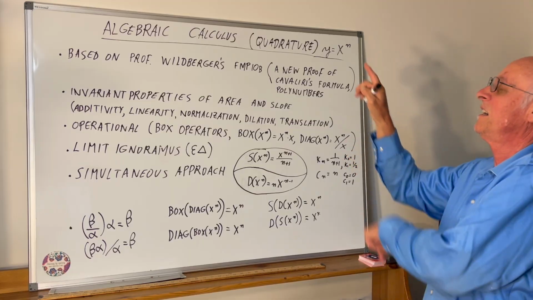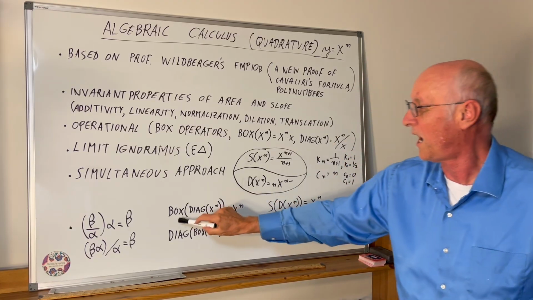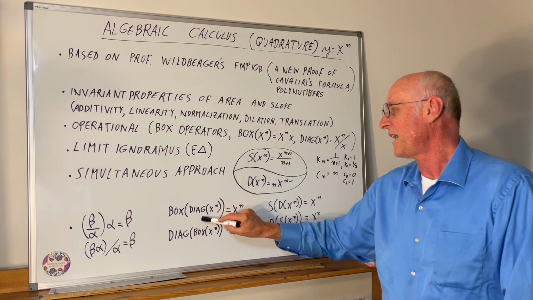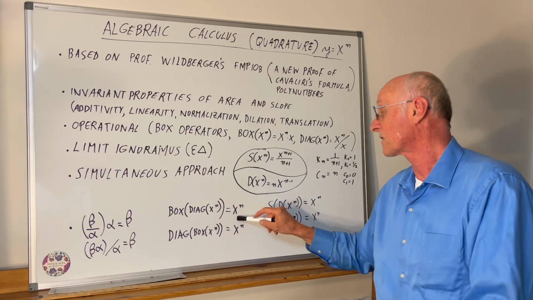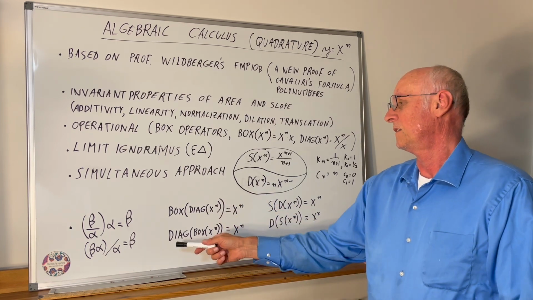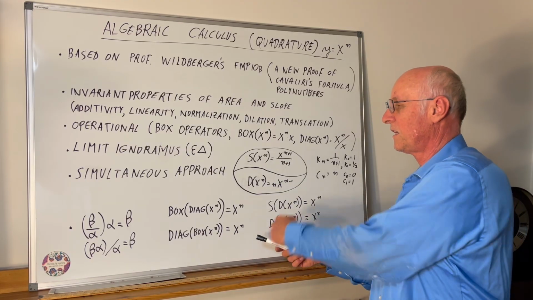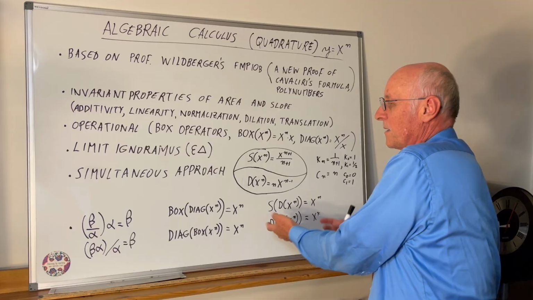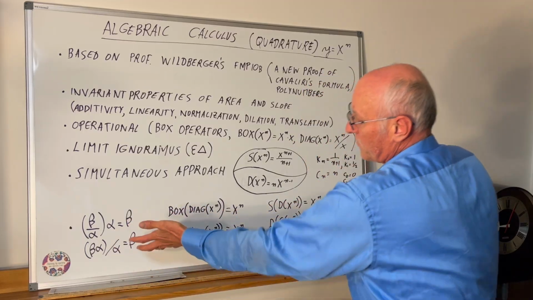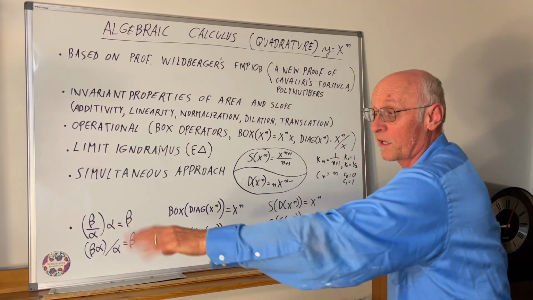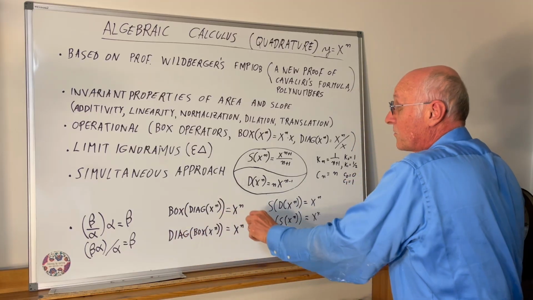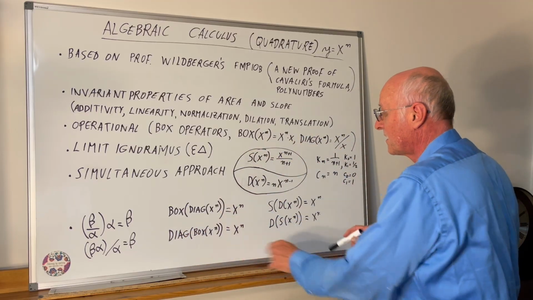So again, these are inverse operations. So the box of the diag of x to the n is x to the n. And the diag of the box of x to the n is x to the n. So we get back the same thing.